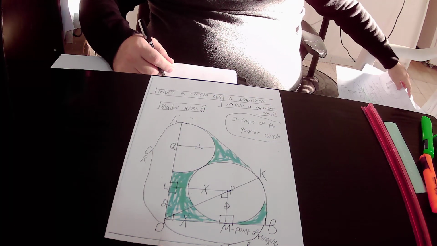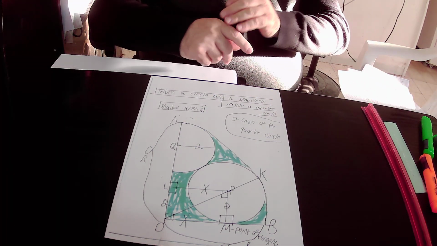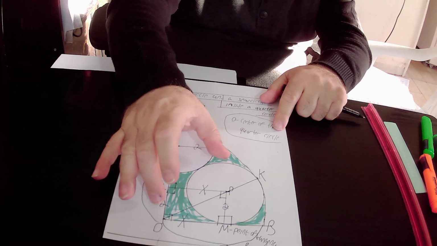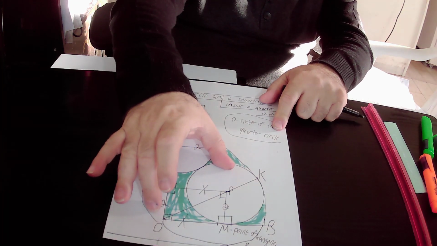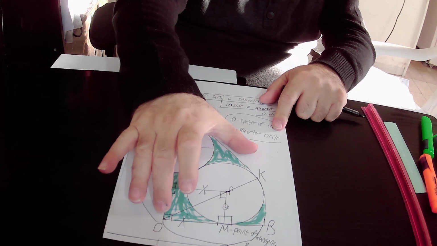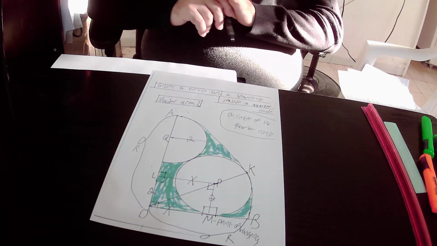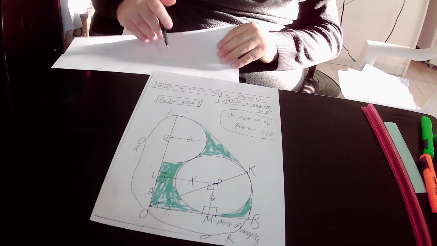And what is the length of line segment PO? The length of line segment PO equals KO minus PK. I will write it down.